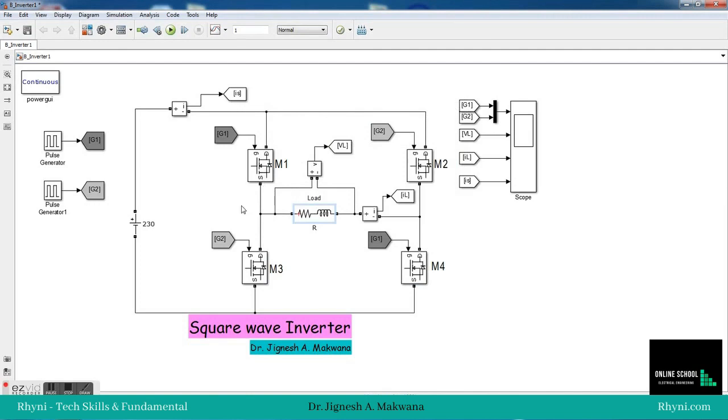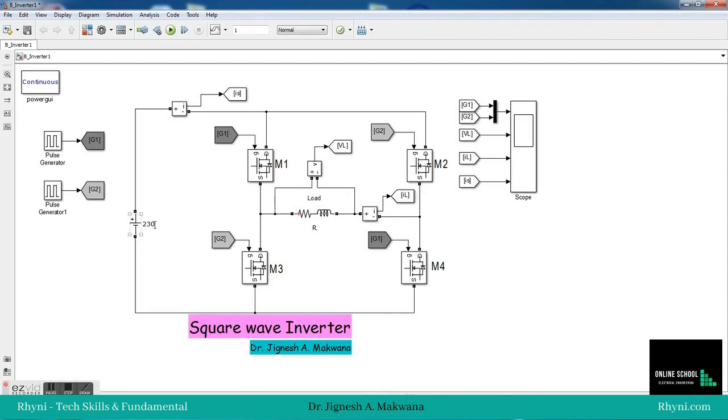To convert the DC into a square wave, we require 4 switches. When switches M1 and M4 are both turned on, supplied by the same gate signal, the voltage across the load will be VDC, that is 230 volt. When the 2 switches M2 and M3 are on, the voltage across the load will be inverted compared to the previous, so we can treat it as minus VDC.